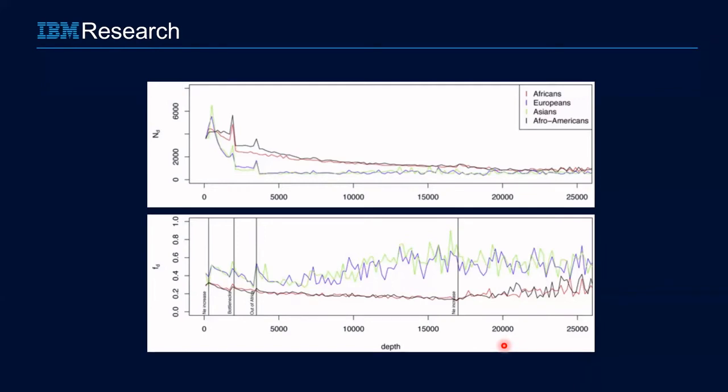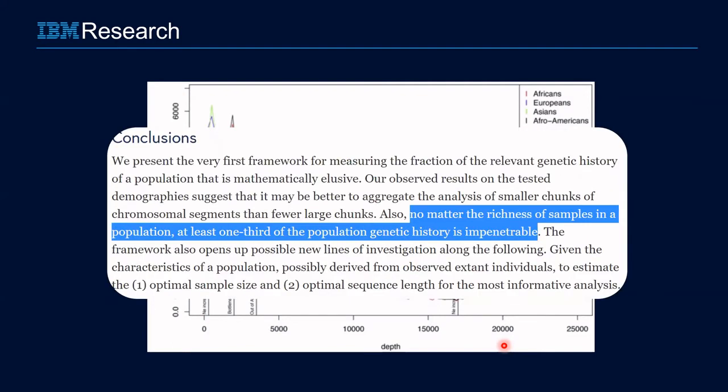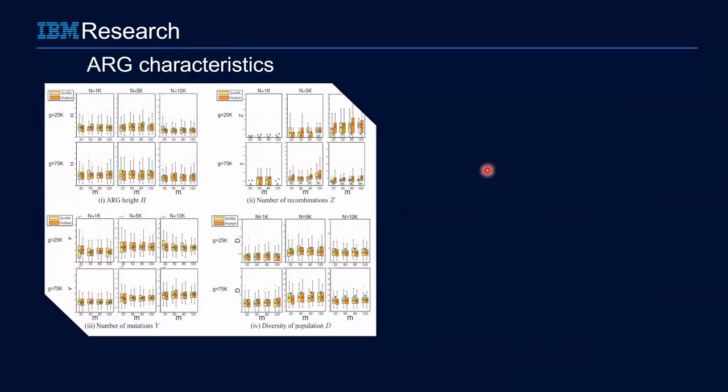The only thing that we ask of the simulators from the community is to give us access to the ARG so we can extract the minimal descriptor. We run many replicates, average them, and what we find is that no matter the richness of the sample in a population, at least 1/3 of the population genetic history remains impenetrable for these demographies, and I'm going to assume for most demographies.